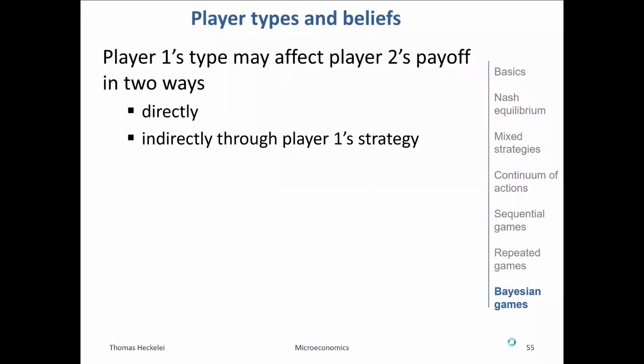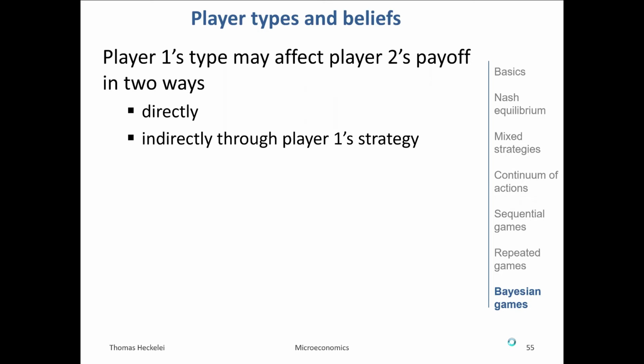One thing to keep in mind is that there are two different ways that the type of player one may affect the payoff of player two. Not just in general affecting, but in two different channels. We should see that directly. Back to the example of the used car.